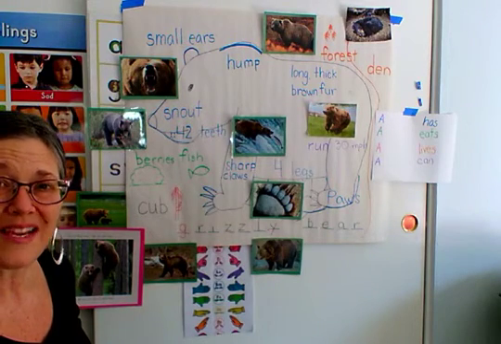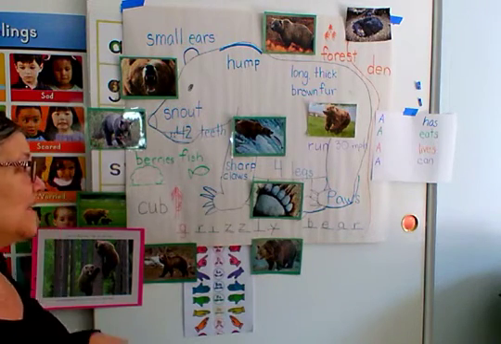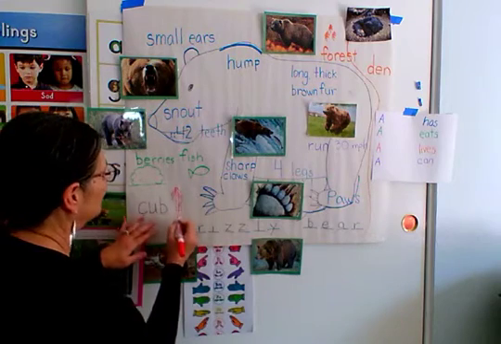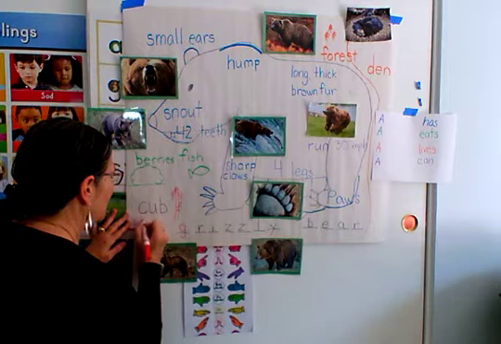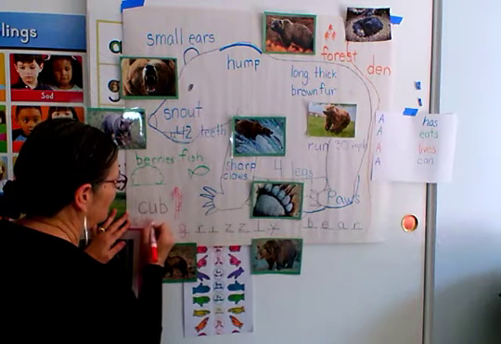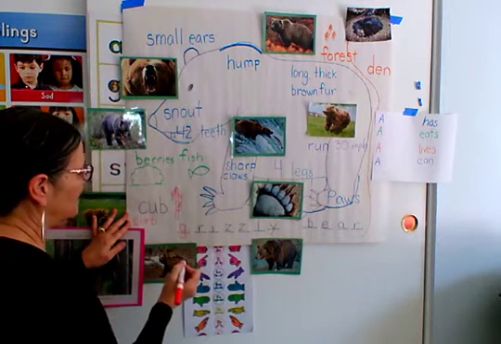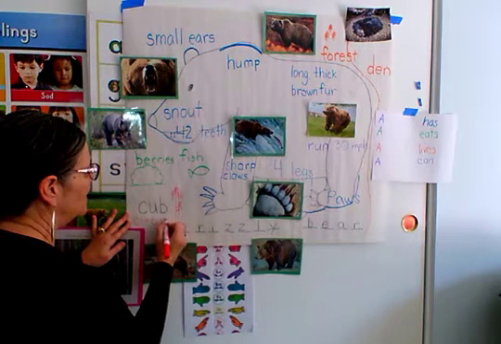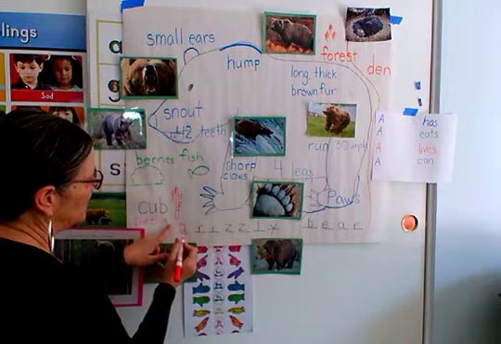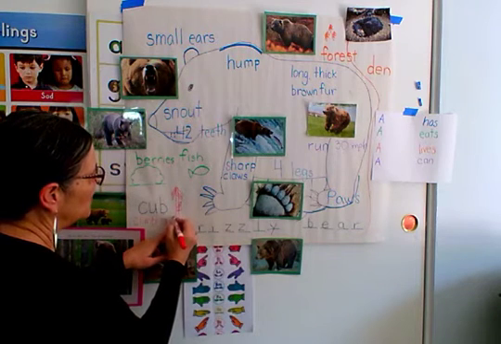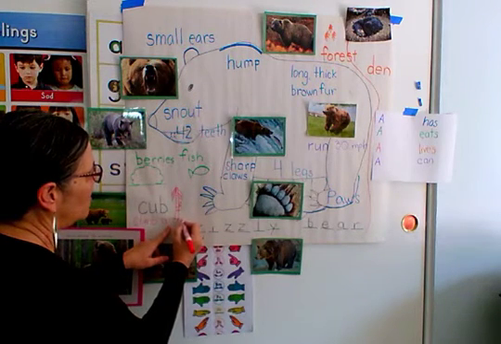So I'm going to write climb a tree. C-L-I-M-B, climb. A, there was like a popsicle stick space, and tree. T-R-E-E.